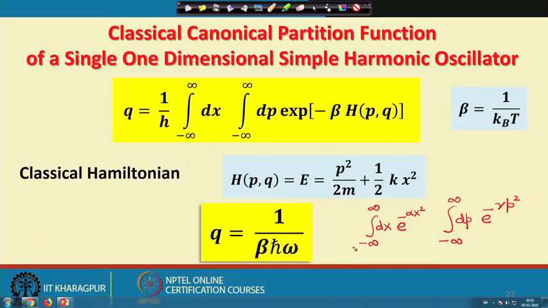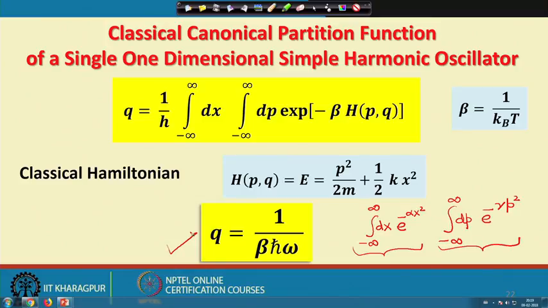Now, these are two integrations that we have already done in this course. So, if you do these two integrations and put them back, this is the expression that you are going to get. And here I see that this is q equal to 1 by beta h cross omega.